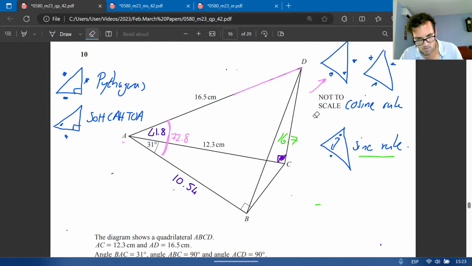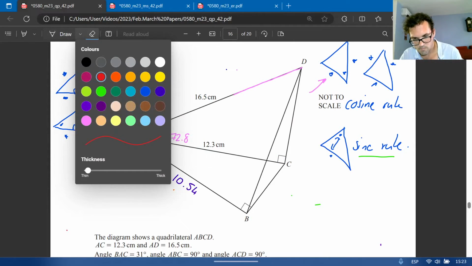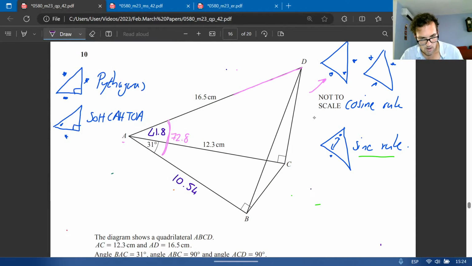They want us to find the shortest distance from C to the line BD. Remember, the shortest distance is always going to form a 90-degree angle. If you want to make this distance shorter, it's going to have to be straight at a right angle.